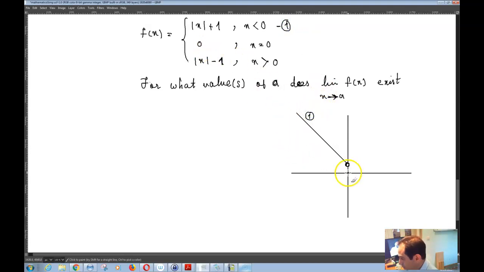Now it's equal to 0 at this point, f of x is equal to 0 when x is equal to 0. So this point is a part of the function, and the absolute value of x minus 1 is basically the same absolute value function, but shifted down 1 unit. So you would get basically this function like this, and of course not with that slope.